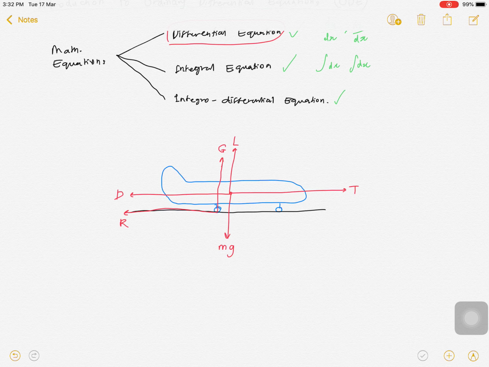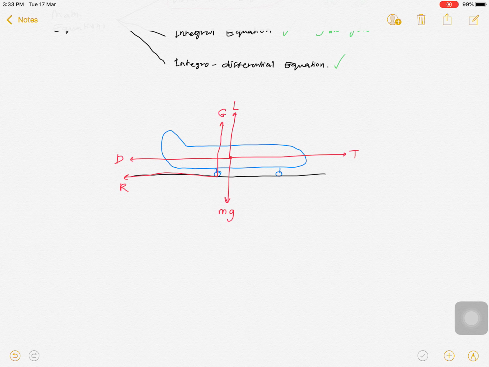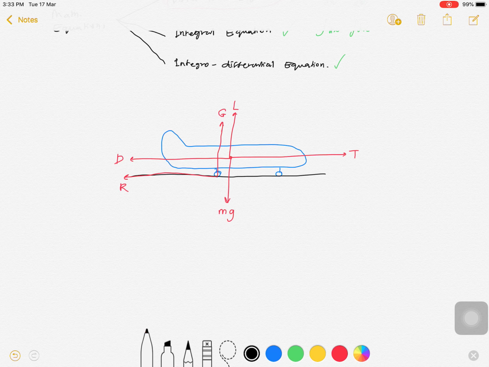So we can have equations from this free body diagram. Considering the vertical components, L plus G is equal to mg. That is the lift force, the reaction force, and the weight.